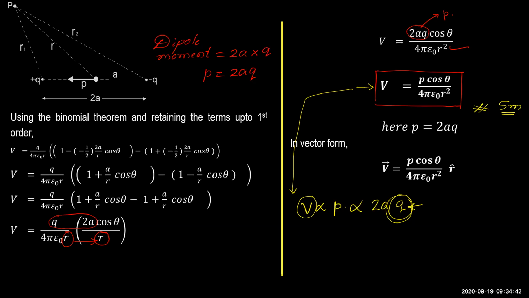And it also depends upon cos of the angle, cos theta. And V is inversely proportional to square of the distance.